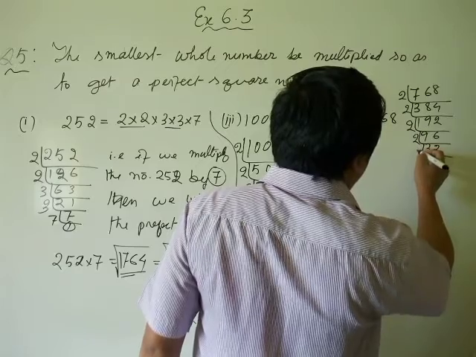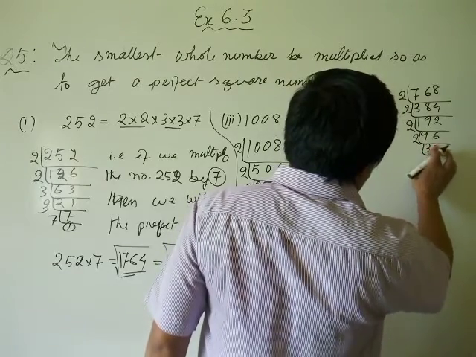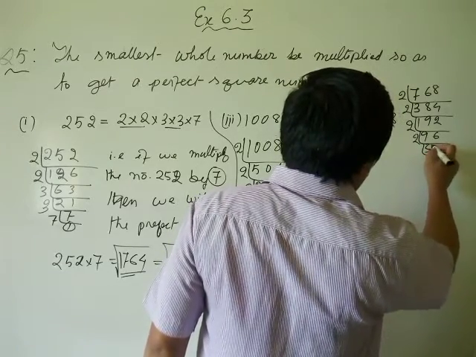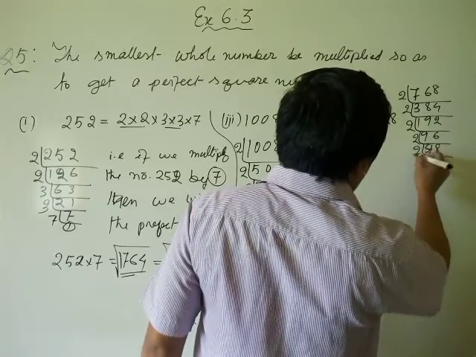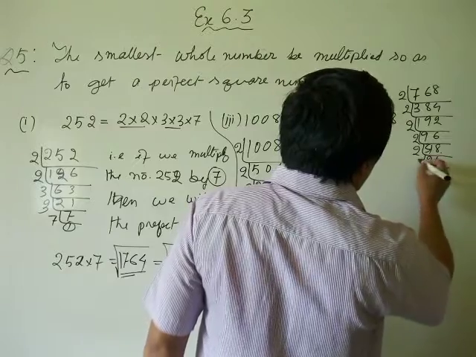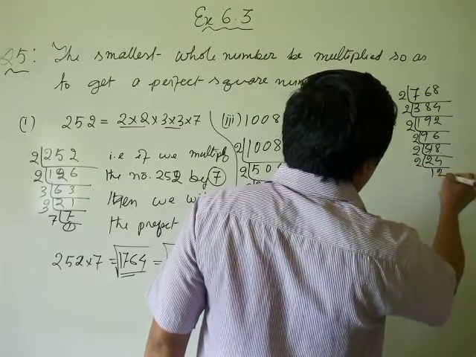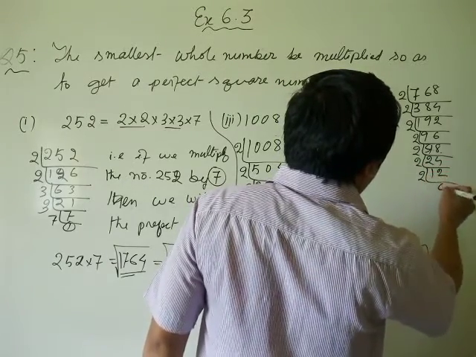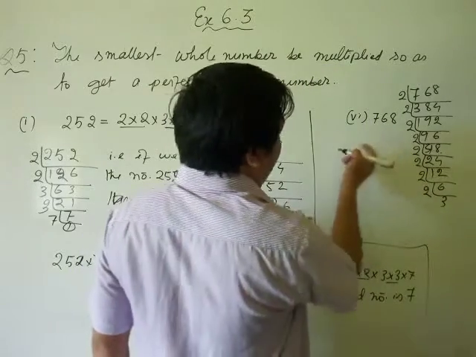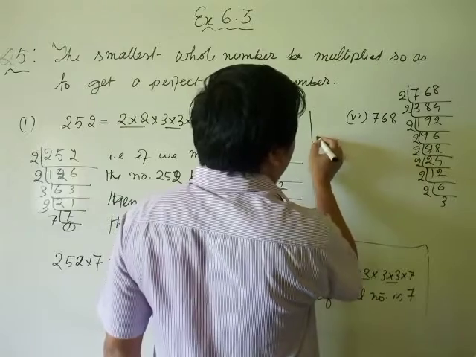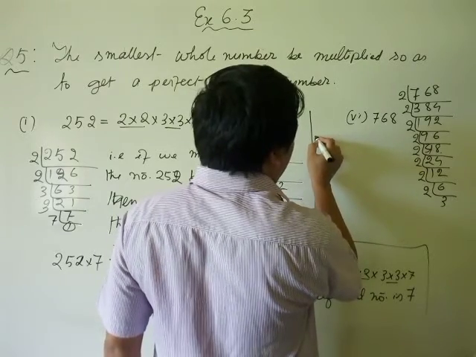Then 2 4s are 8. 2 4s are 8. 16, 48. Isn't it? Then 2 2s are 4. Then 2 1s are 2. Then 2 6. Then 2 2. So the number here can be expressed as the product of its prime factors, like this.